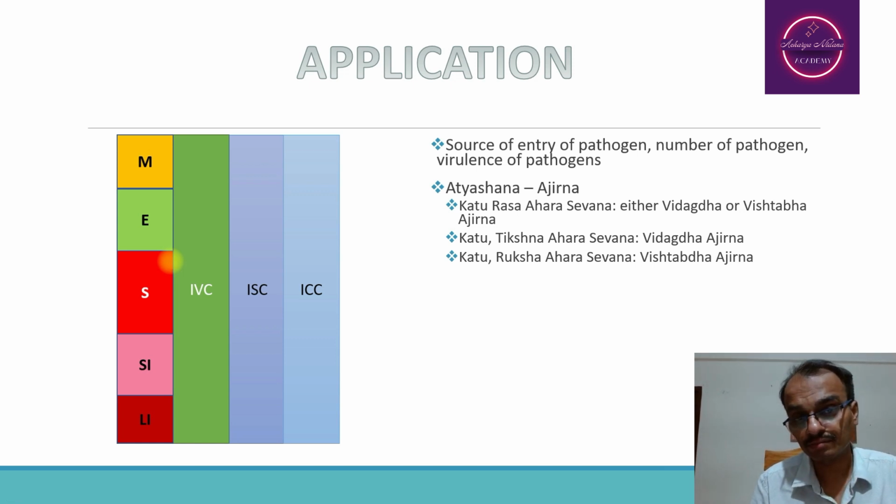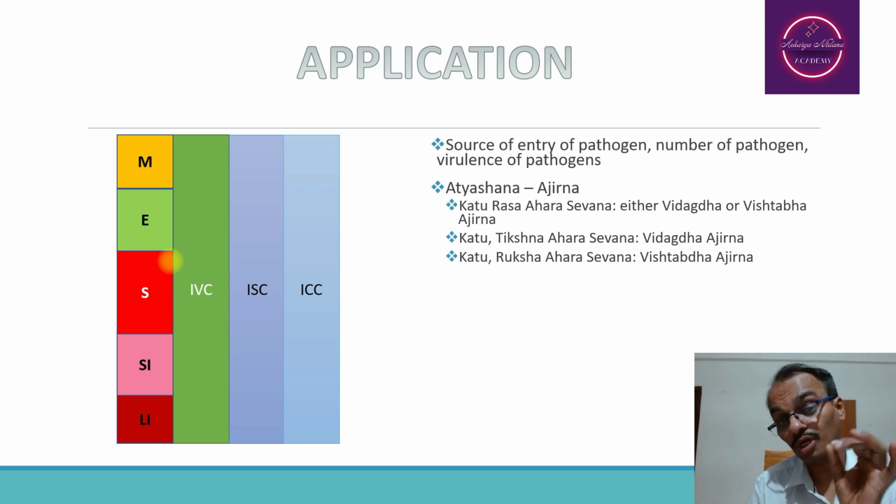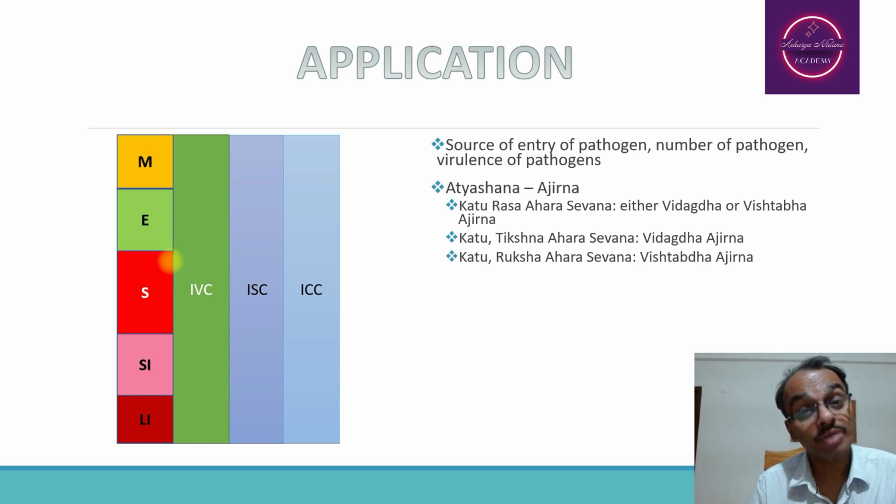Why Vidagdha Ajirna? Tatradhyam Arutam Gunanti Restikta Daya Kafam Kashayatikta Madhuraha pittam anyetu kurvate. That means katu rasa substances are responsible for increase of pitta dosha in the body. Thereby the person may have Vidagdha Ajirna.